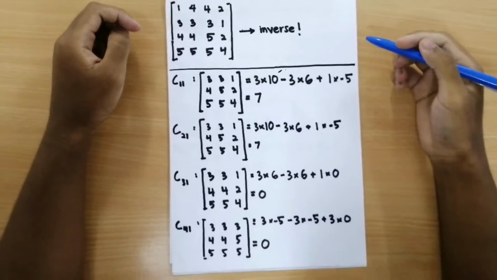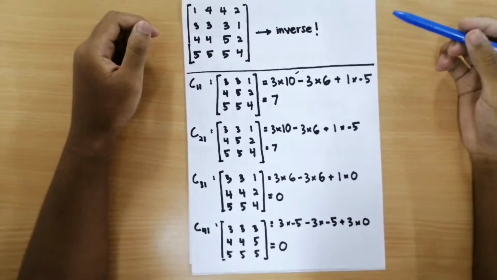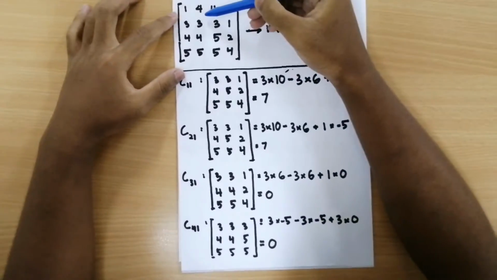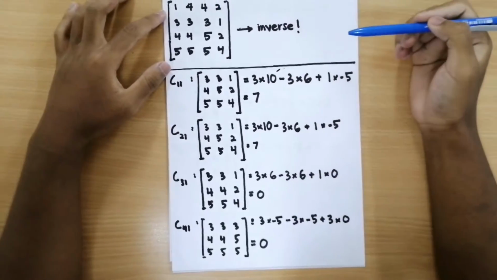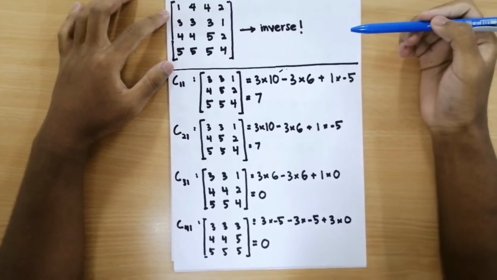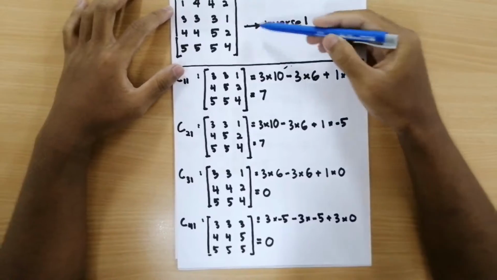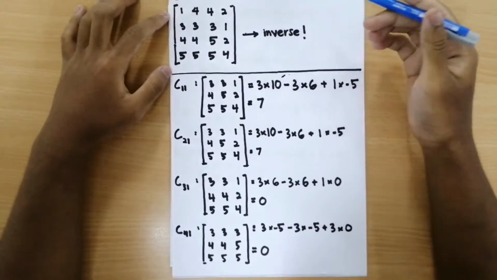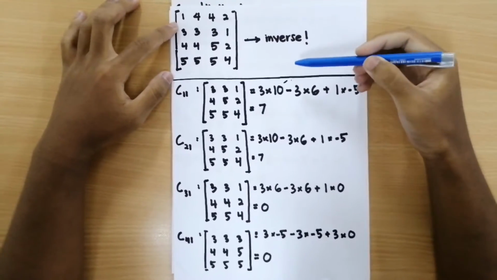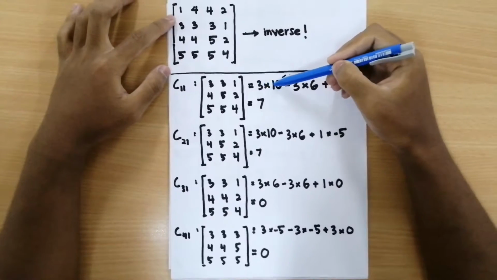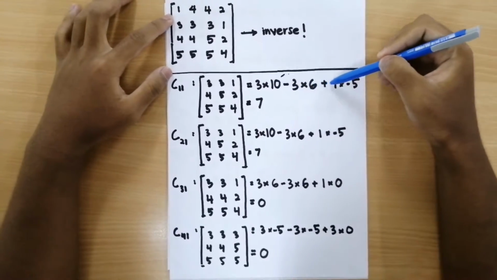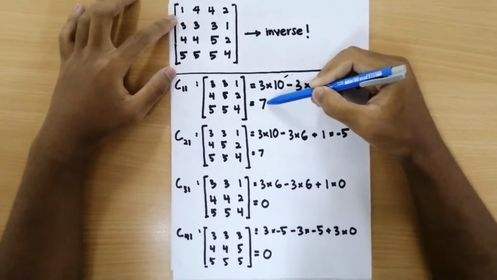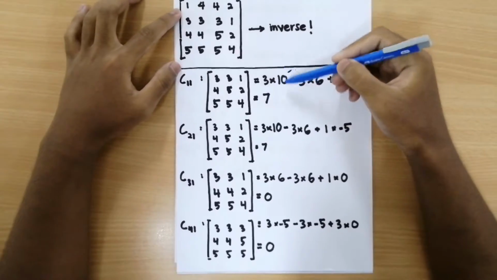Okay, for the last method, K3, the given matrix is this. For K3, the task is to use the inverse. The method is the same as K1 using the adjoint method. 3 times 10 minus 3 times 6 plus 1 times negative 5, we get 7 here, and so on.